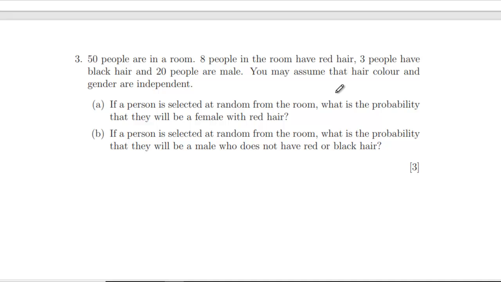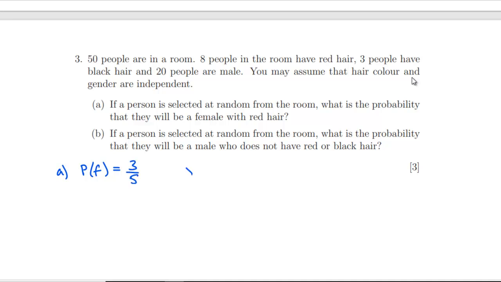50 people are in a room. 8 people in the room have red hair. 3 people have black hair. 20 people are male. You may assume that hair color and gender are independent. If a person is selected at random from the room, what is the probability they will be female with red hair? So we need both of these things. So probability of female, which equals 3 out of 5, or 30 over 50. So that's 3/5.